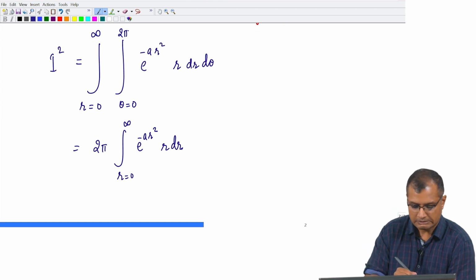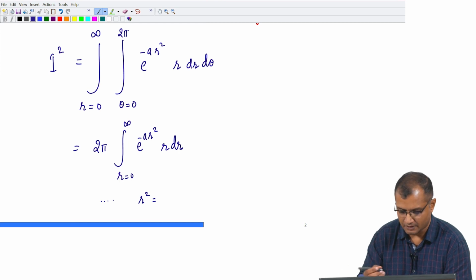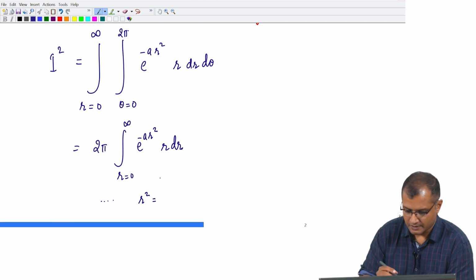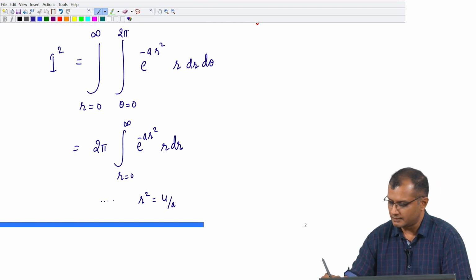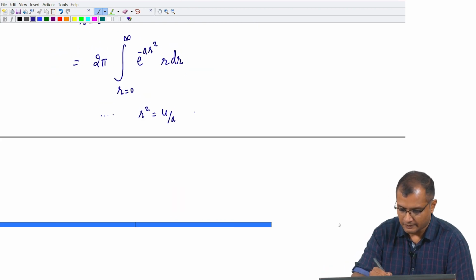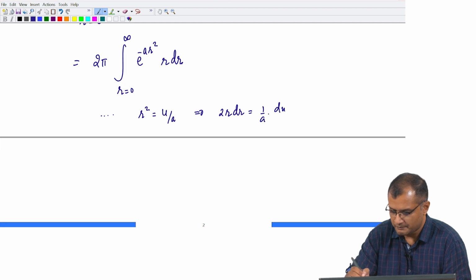And by substituting r square as just u by a, okay, I can write down twice r dr as just 1 upon a into du.